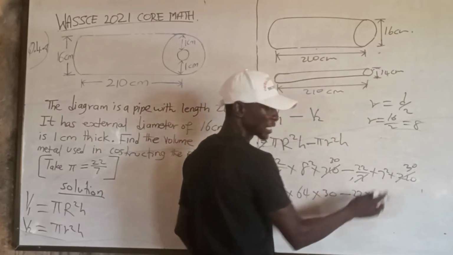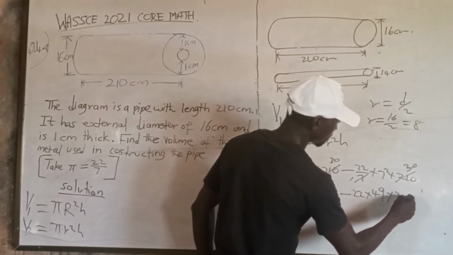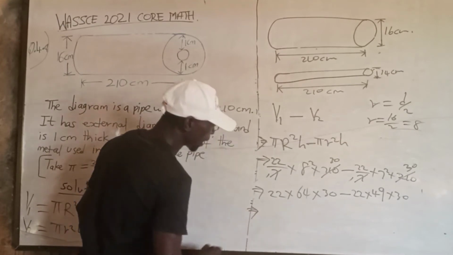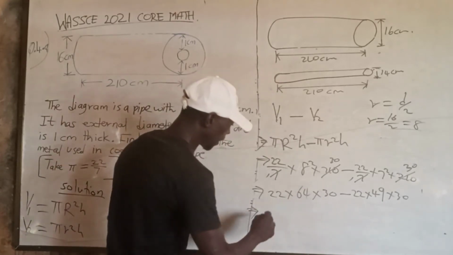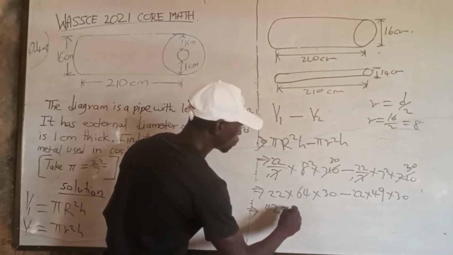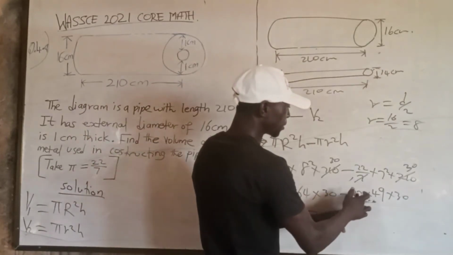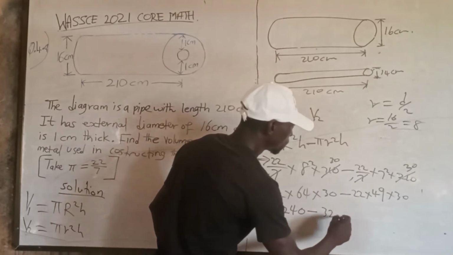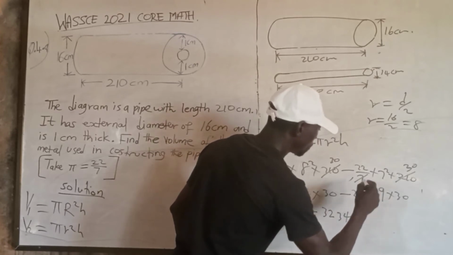times 7 squared, which is 7 times 7. That will give us 49 times 30 left. So we come down, and this implies that 22 times 64 times 30 will give us 42,240, and 22 times 49 times 30 will give us 32,340.